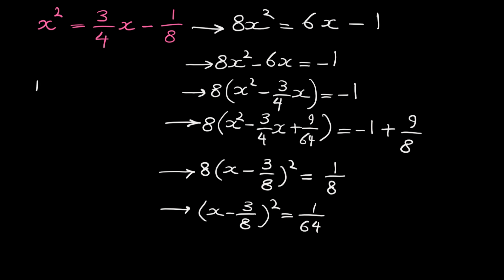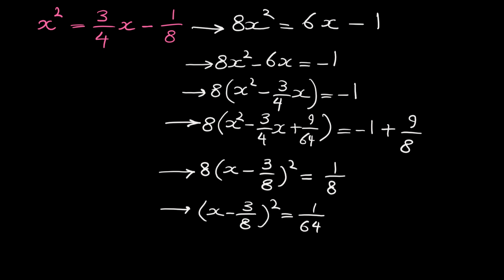Please pay attention. When we divide both sides by 8, 1 over 8, which is in the right side, divided by 8, is 1 over 8 times 1 over 8. 1 over 8 times 1 over 8 is 1 over 64.